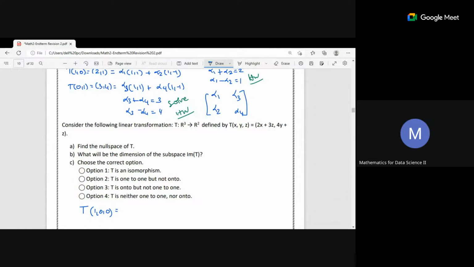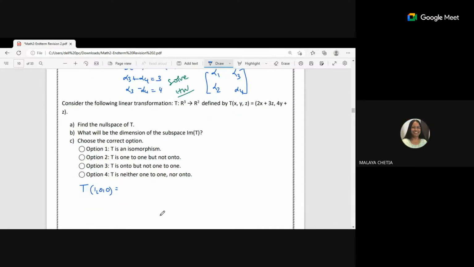So what is T of (1, 0, 0)? (2, 0). And T of (0, 1, 0)? (0, 4).